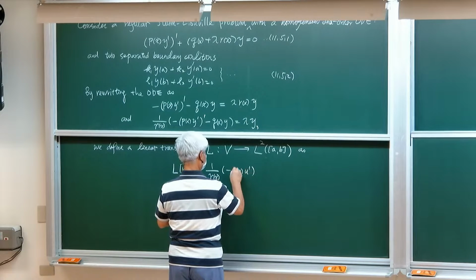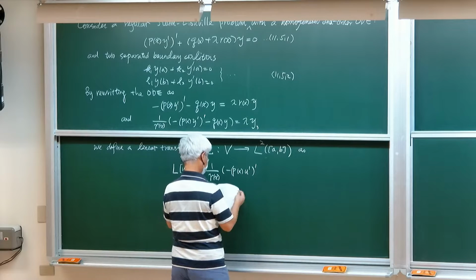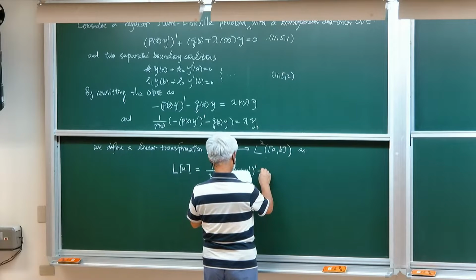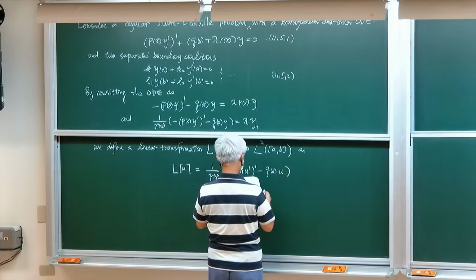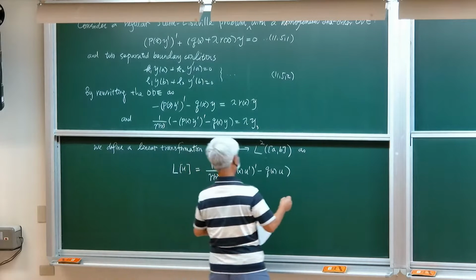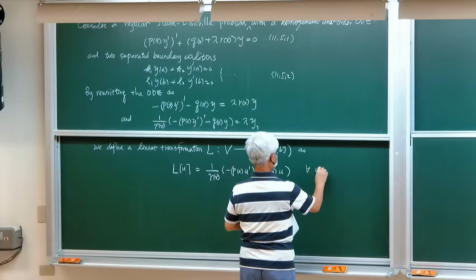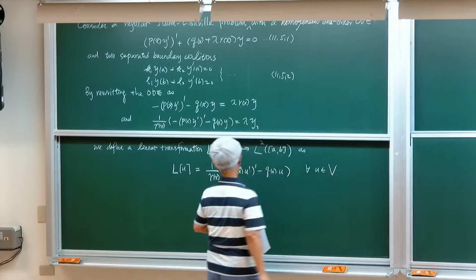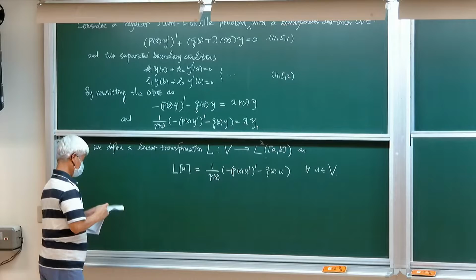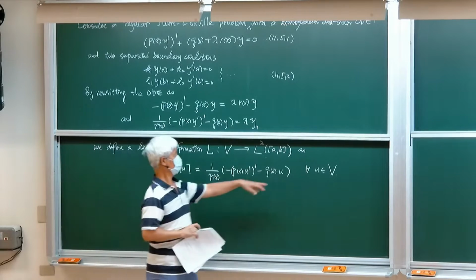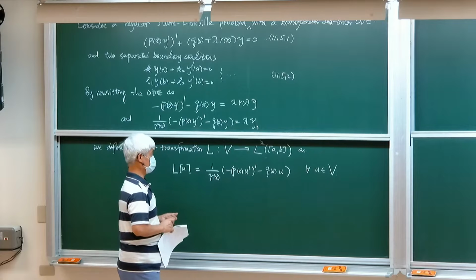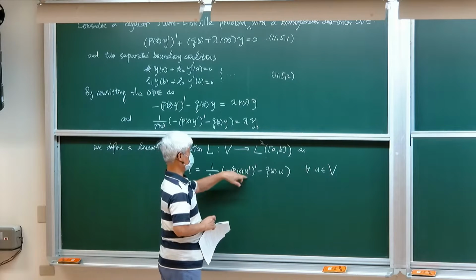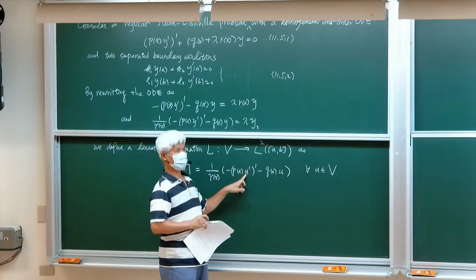1/r(x) times ((p u')' minus q(x) u). Now, as we know, u is continuously differentiable, so u' exists.